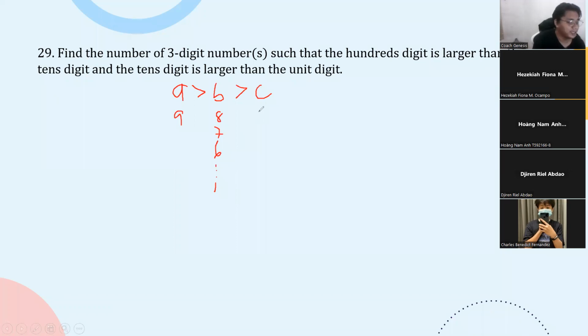So for the values of C, for 9, 8, how many is it? For this right here, we have 0 to 7. So you have 8. For this one here, 0 to 6. So you have 7. For this one, 6. Right? And so on until 1.